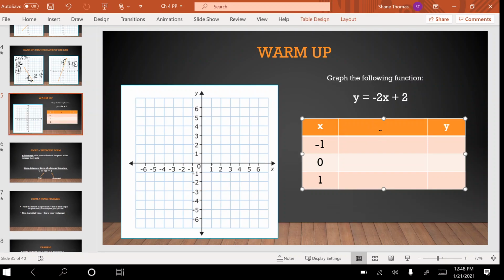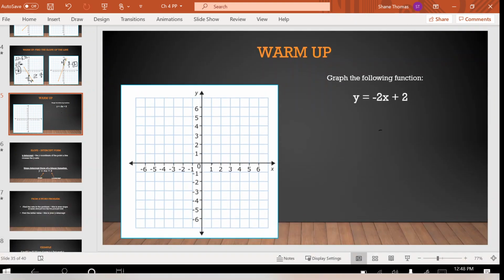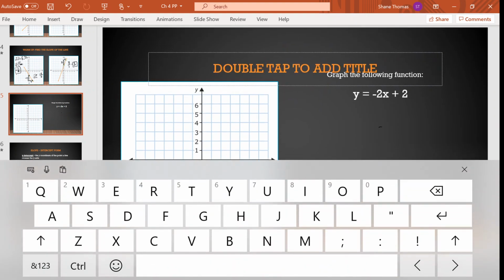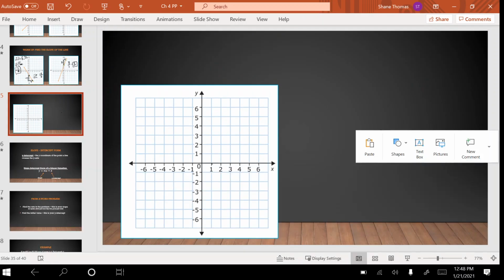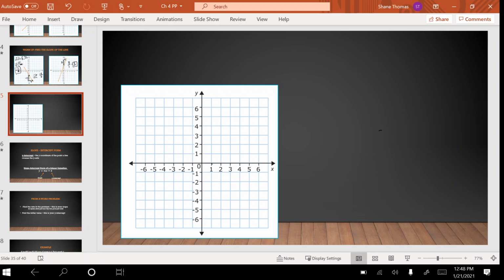All right, let's try this. All right, there we got a graph.